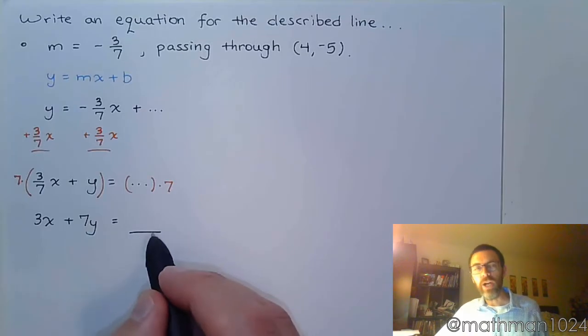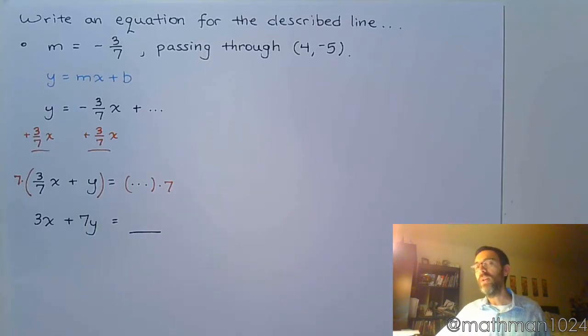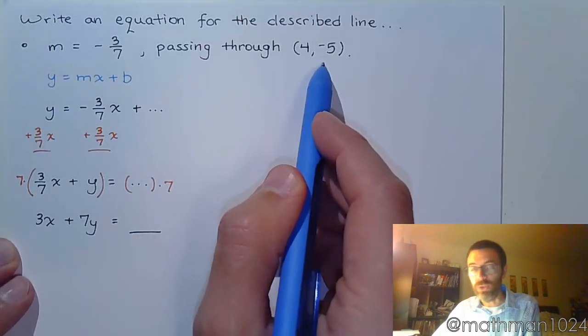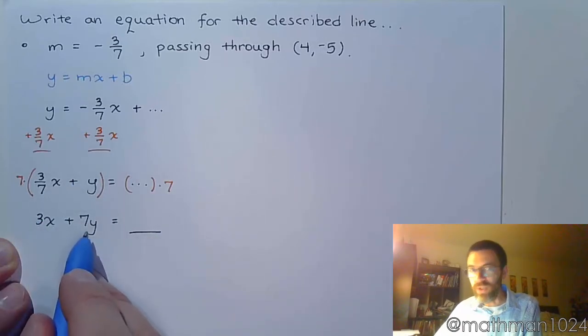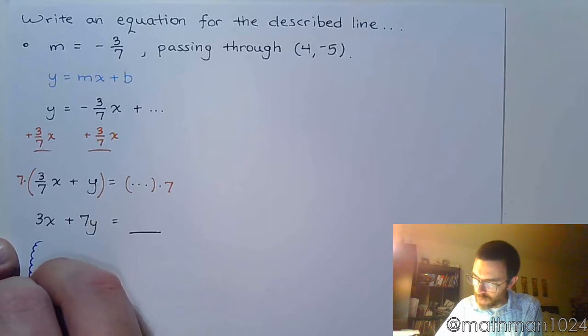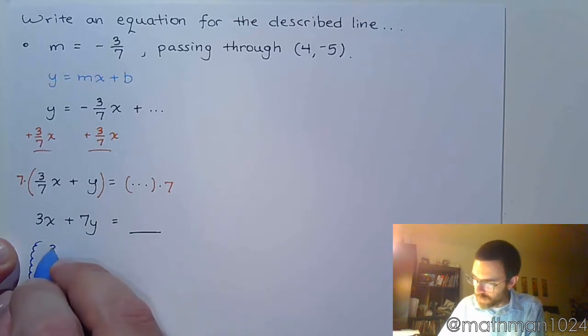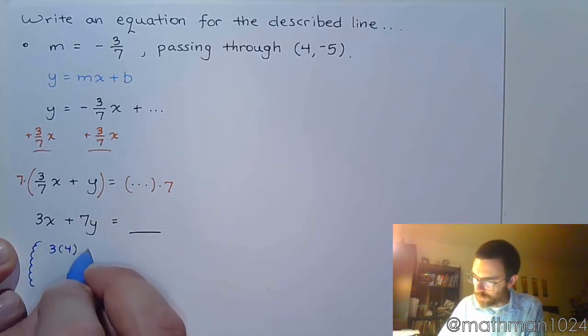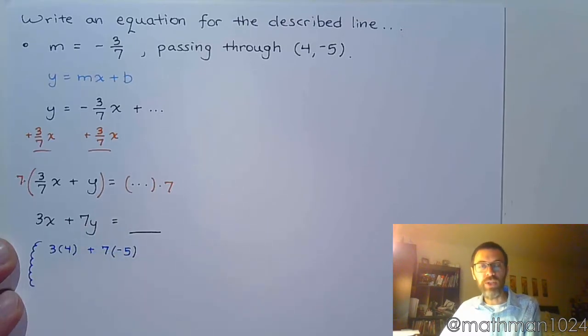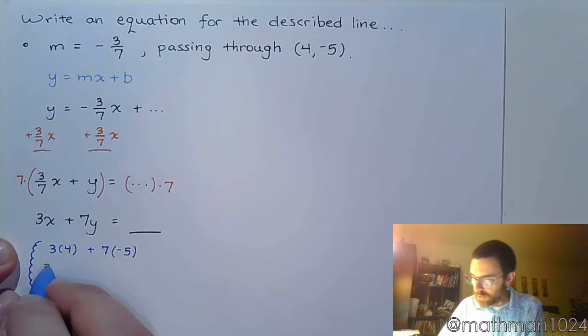You might be wondering, how do I complete this? If you've watched the other videos in this section, you already know that the trick is to take the ordered pair that we have, this solution, and plug those coordinates in for x and y. So in a little thought bubble down here, we say 3 times 4 plus 7 times y, which is -5. Then we just work this out.